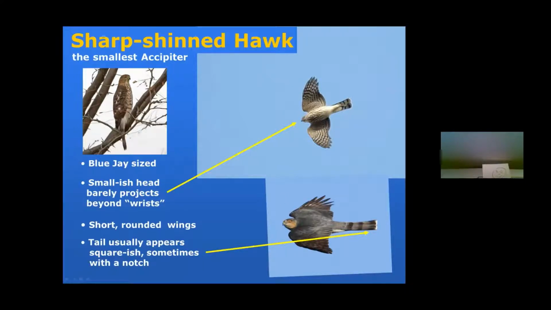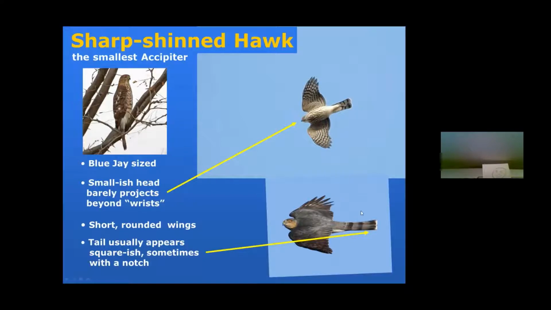about 80 to 90% of the time. There are times when that is not a definitive identifier for a sharp-shin, but that's a good one to go on, 80 to 90% of the time, the square tail. But as we all know, with wing molt, tails can wear, and outer tail feathers can wear and fall off and get rounded.